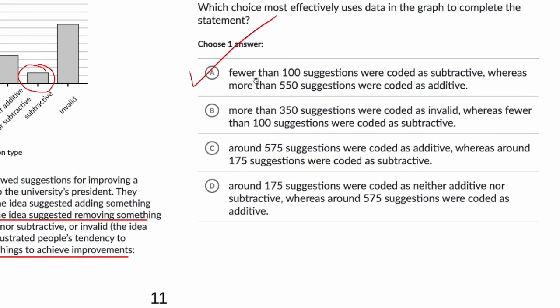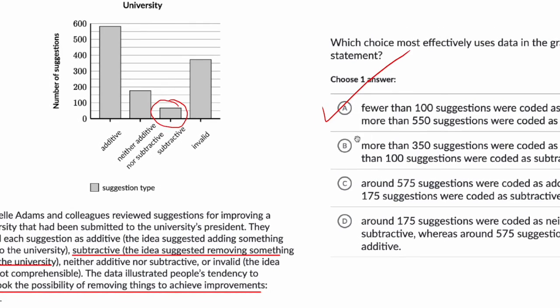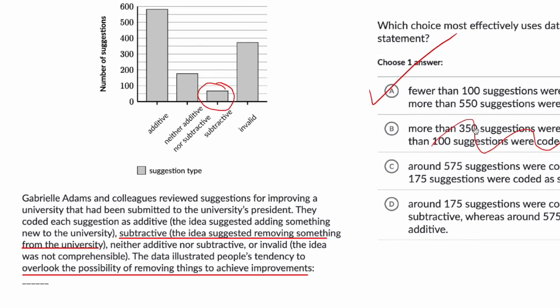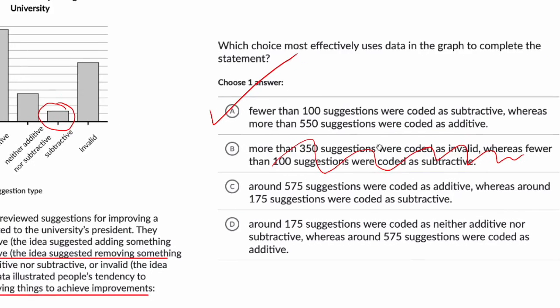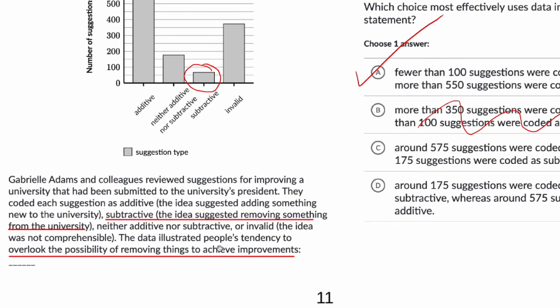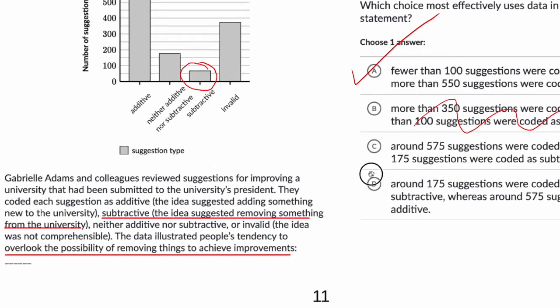Again, on the test, I would just go ahead and put that one in and maybe bookmark it and come back to check B, C, and D. But since we're doing these here, let's just go ahead and look at them. So more than 100, 350, yeah, so invalid, that's just not... even though the second part of B is correct, there's no place in our answer for a reference to the number of invalid suggestions because that has nothing to do with what they're saying there.